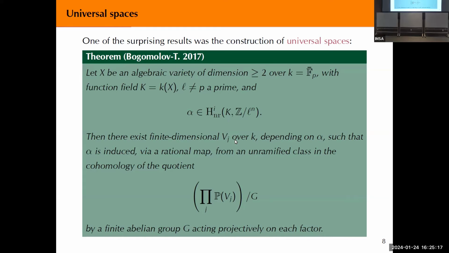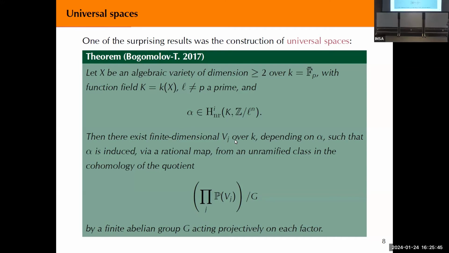Then it turns out, and that's a series of universal spaces, that the class can be pulled back from a certain map from your variety into very simple varieties: products of projectivizations of vector spaces, which are representations of a group G, which is abelian, acting projectively on each vector space.